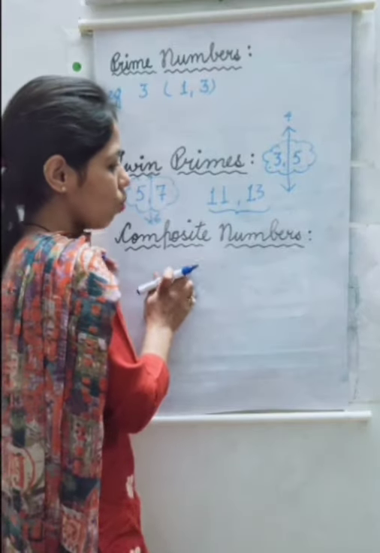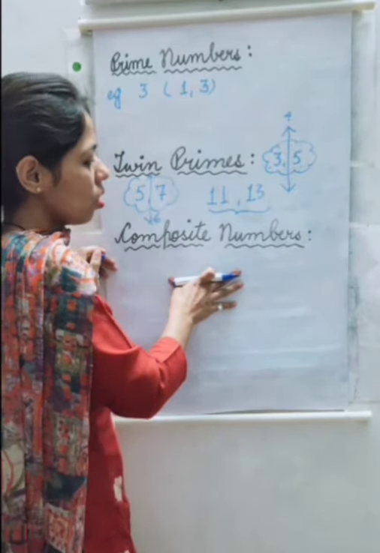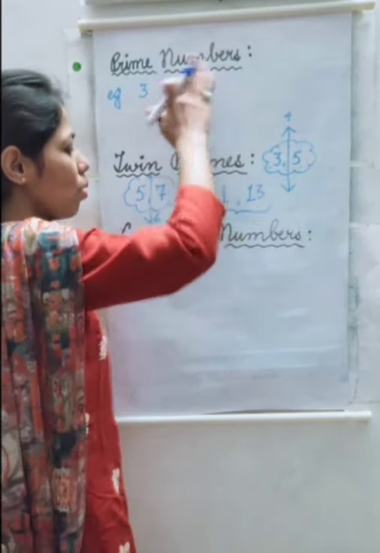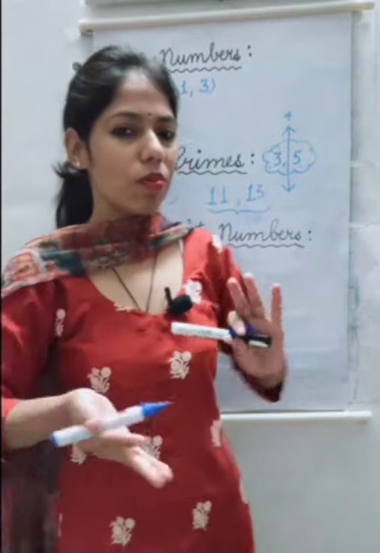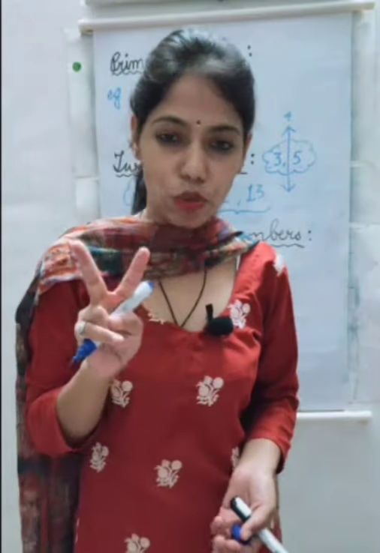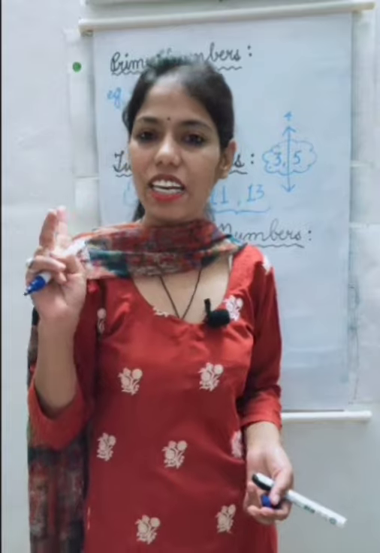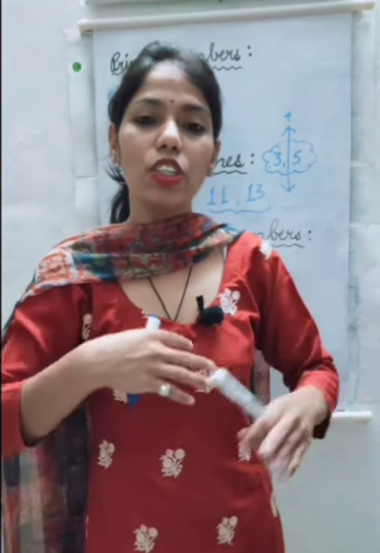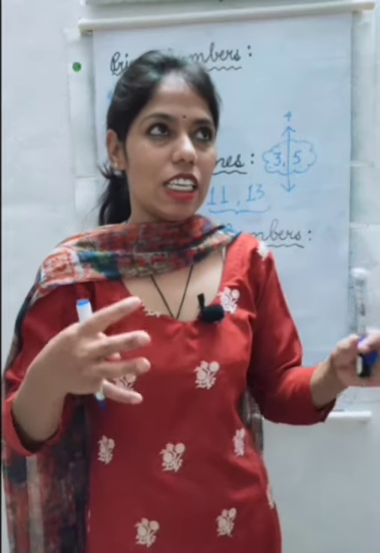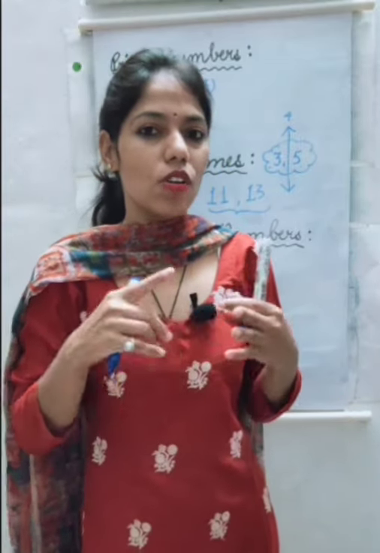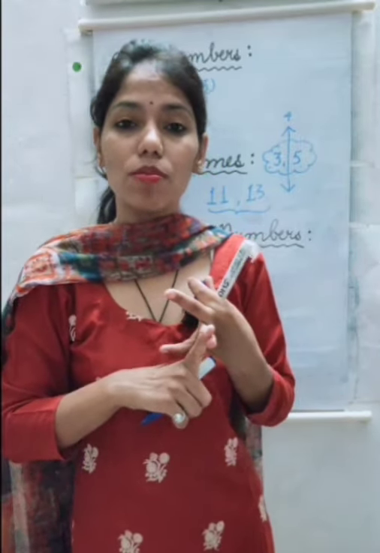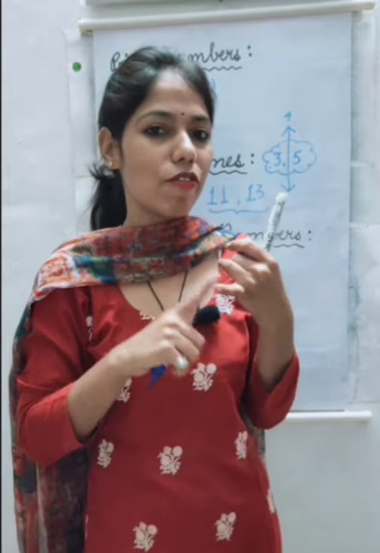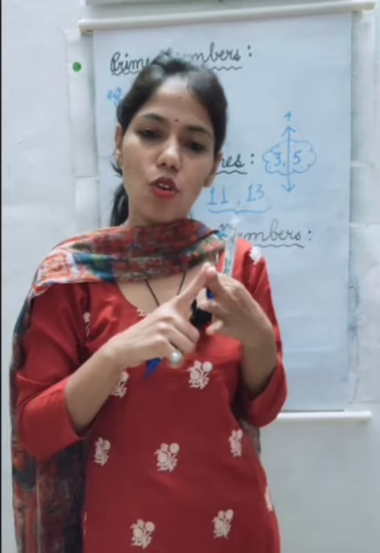And next is composite numbers. Composite numbers are just the opposite of prime numbers. As we know, prime numbers are the numbers which have only two factors, 1 and itself. But composite numbers have more than two factors. Let's take the example of 4. 4 is the smallest composite number because 4 is divisible by 1, 2 and 4 itself.